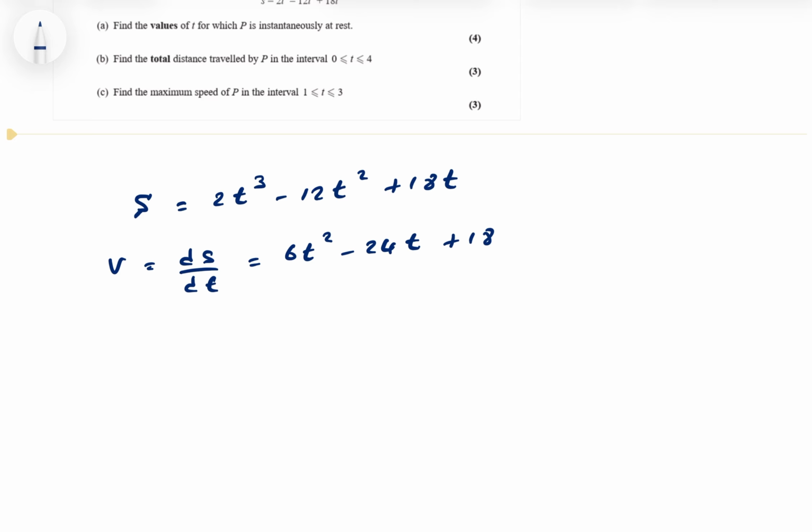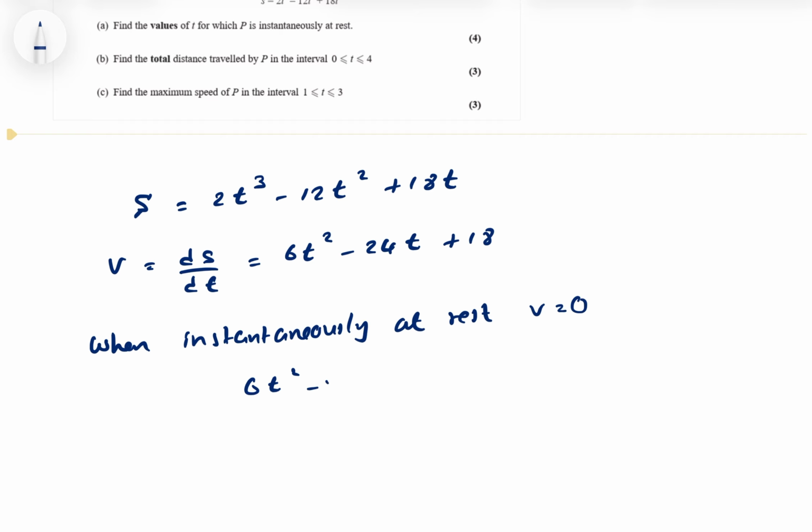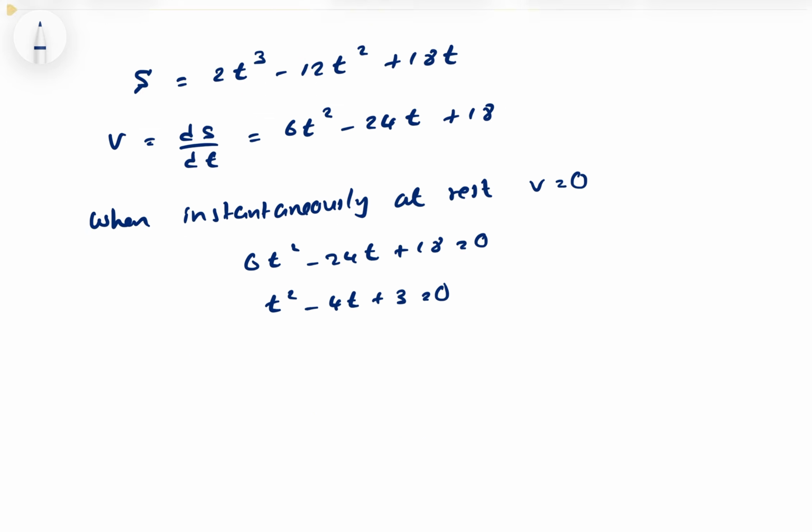So when instantaneously at rest, v is 0. So 6t squared minus 24t plus 18 equals 0. I can divide by 6, so t squared minus 4t plus 3 equals 0.